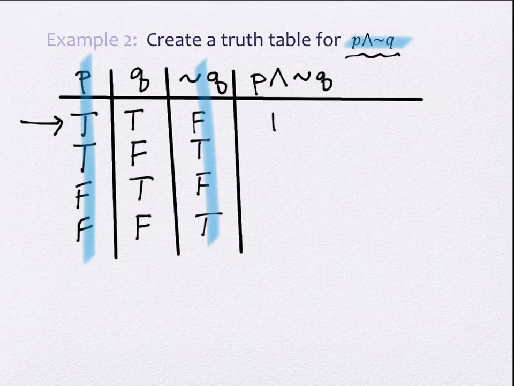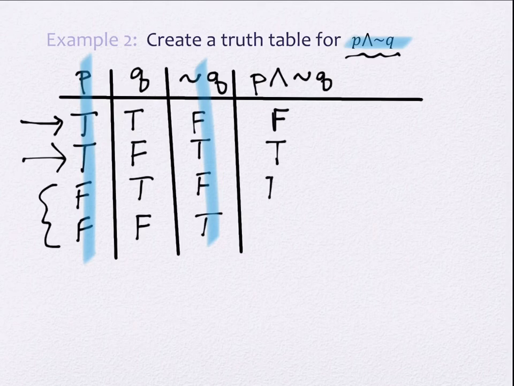It will be false. My next row is a true statement in the first one and a true statement in the second one, so that would be true. And then the reality is these last two are guaranteed to be false. Why? They both start out false, right? The first statement's automatically false, so for an AND statement, that's enough to tell you they're both false after that.